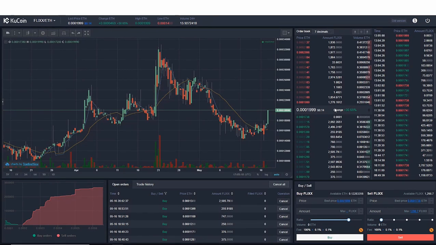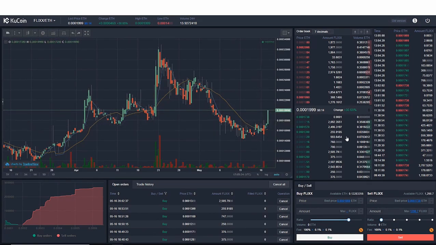If I wanted to, because I have some Flixo right now, notice this price level of 1738. Just because I don't want it to be a nice big green candle, I want to see if somebody else is willing to contribute to that price movement.